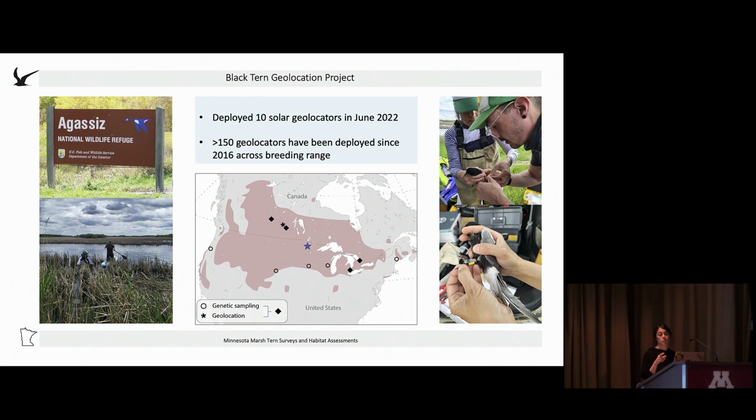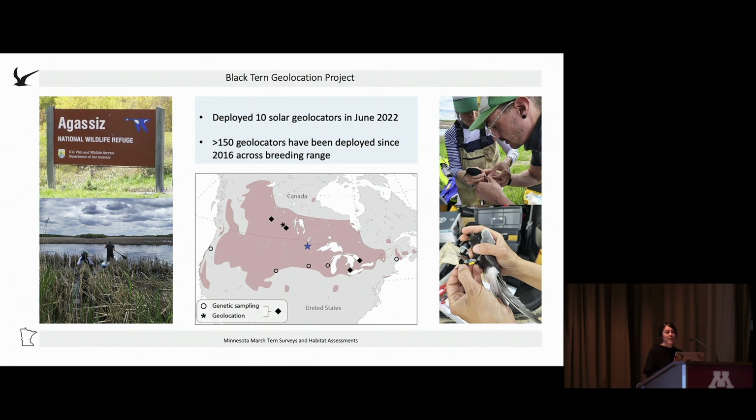And then the last thing I just wanted to mention briefly, because it is related to this project as well, is that there has been a large range-wide effort to put geolocators and other tracking devices on black terns across their breeding range to try to get a better sense of where they're migrating and overwintering. So we put 10 geolocators out on black terns at the Agassiz National Wildlife Refuge this summer.